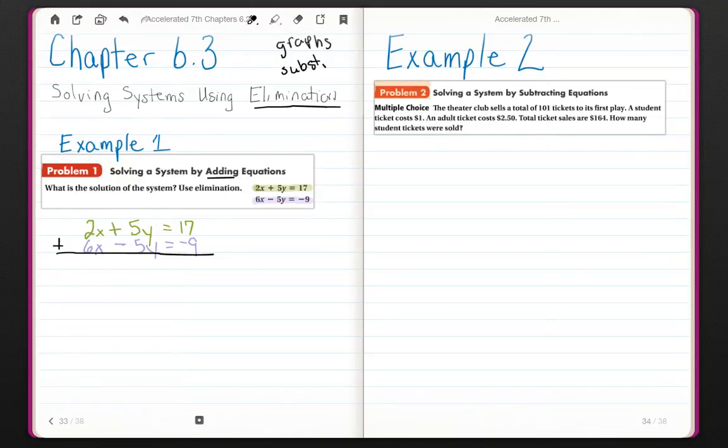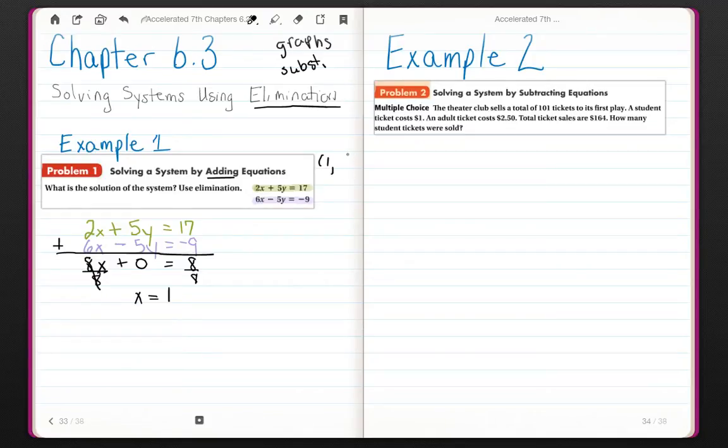So here I have 2x plus 6x equals 8x, plus 5y minus 5y is 0, and 17 plus negative 9 equals 8. So then I solve for x, divide both sides by 8, and x equals 1.